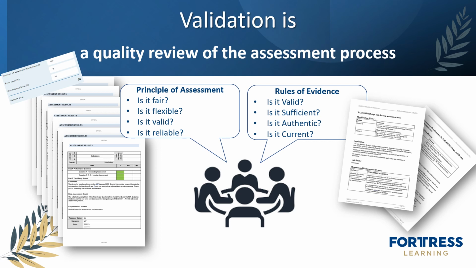So validation is about ensuring that the assessment tool determines if a person can do the job or not according to all of the requirements in the unit of competency, ensuring there is consistency amongst assessors to ensure that two different assessors are marking the same assessment in the same way and would result in the same assessment judgment, identifying questions which students commonly get wrong, as these questions probably need to be reworded or students need to be trained correctly, ensuring instructions to both students and assessors are clearly understood.